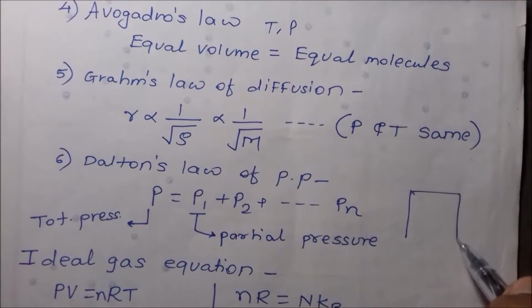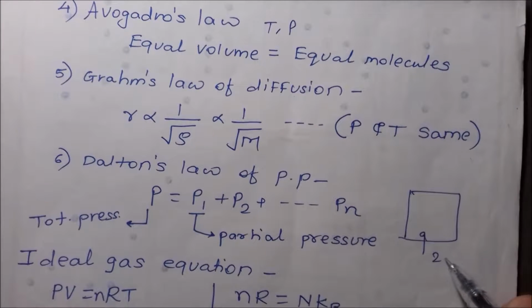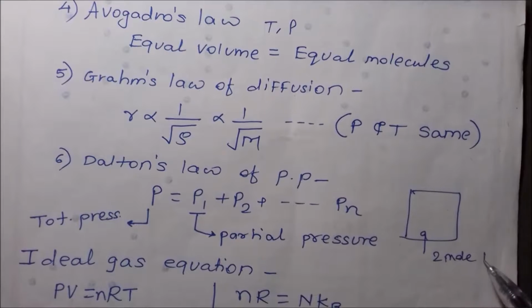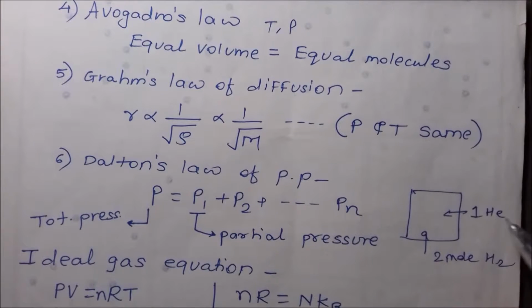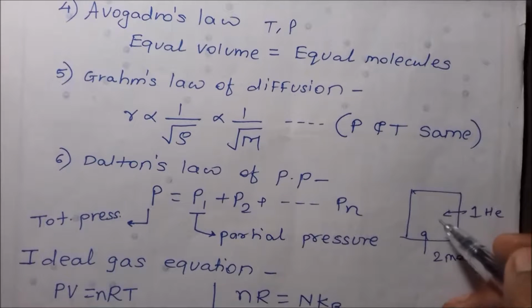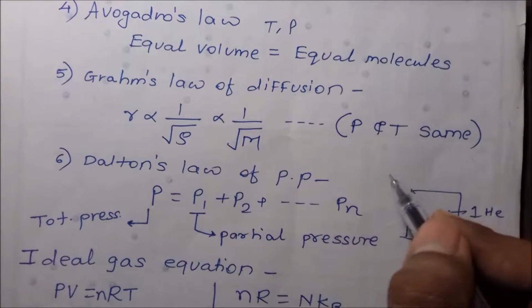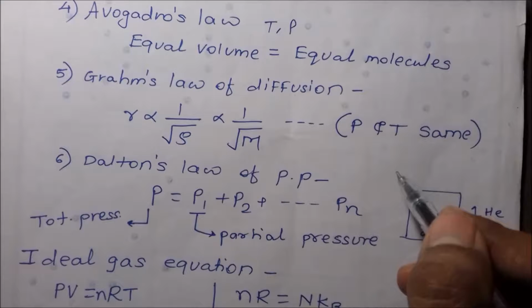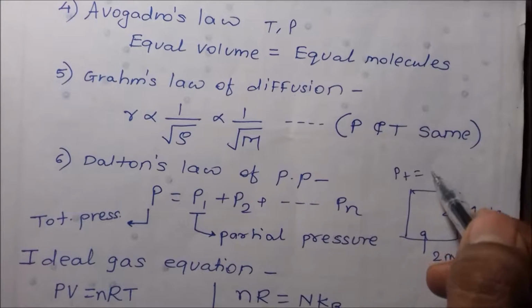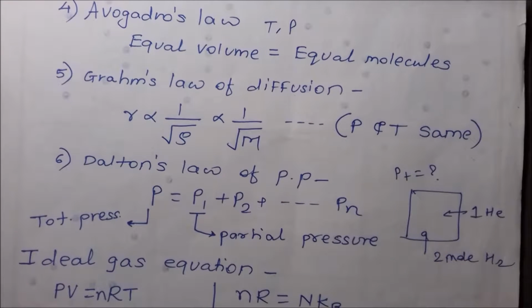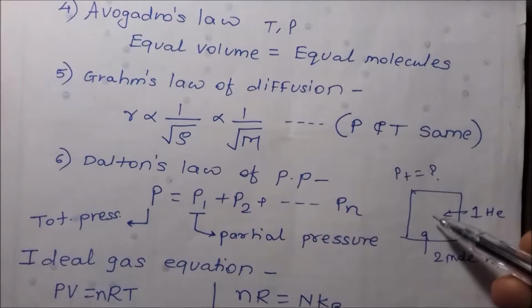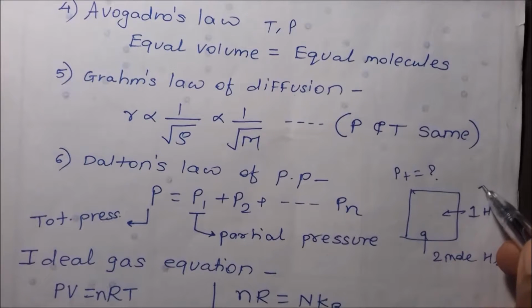If we have 2 moles of hydrogen and 1 mole of helium in this compartment and total pressure is unknown. If I put only helium into the chamber, then pressure is 1 atmosphere.